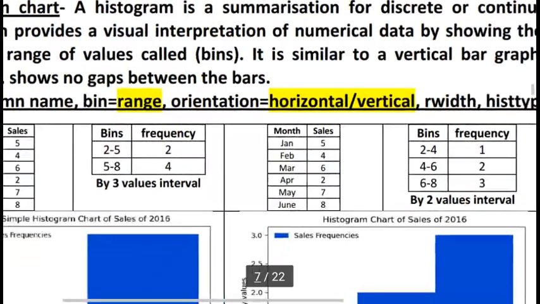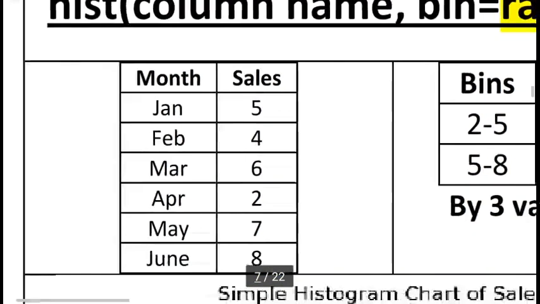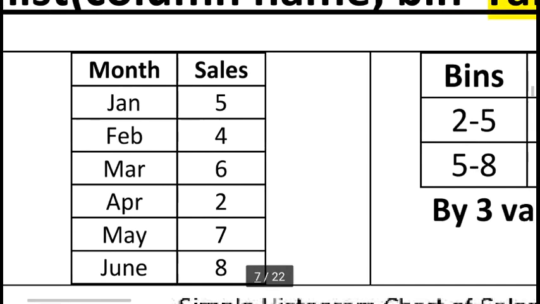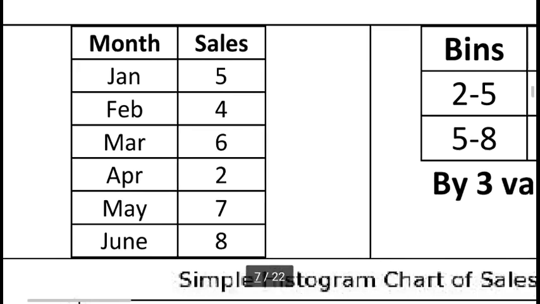Suppose this is our example. Again I am taking the same example: month and sales, Jan 5, Feb 4, March 6, April 2, May. This is the same example, but this time I want to create a histogram. Before creating the chart in Python, I decide something.